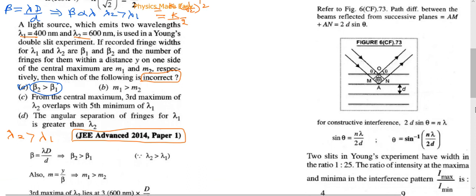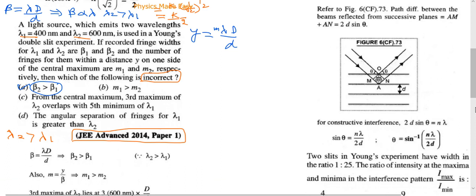We know that y is equal to m lambda D by d for the mth maxima, where m is the order of maxima. I can even write ym, but I will just write y.